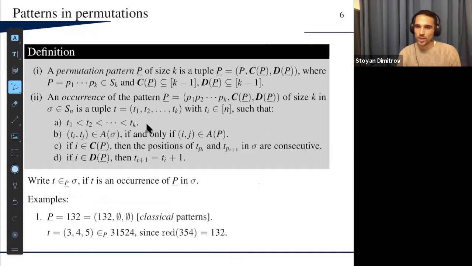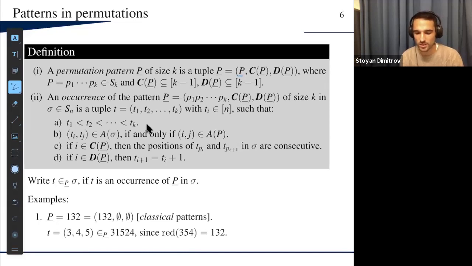Okay, so now I'm ready to define patterns in permutations. I will use the standard definition for a bivincular pattern. This is a triple where I have a permutation of size k and two other sets, which set some other requirements for the positions of the elements and for the values in an occurrence of the pattern.